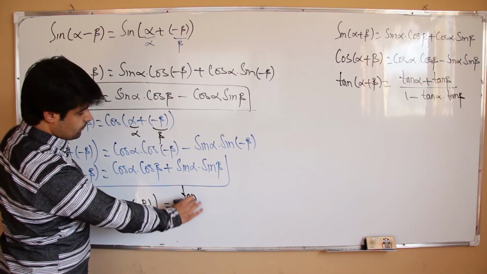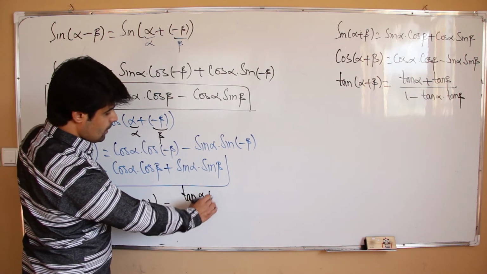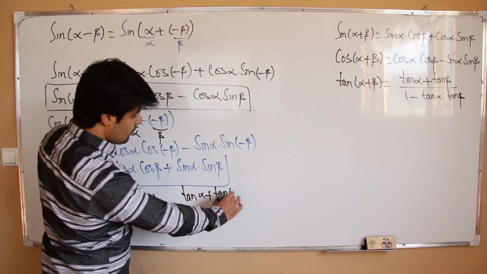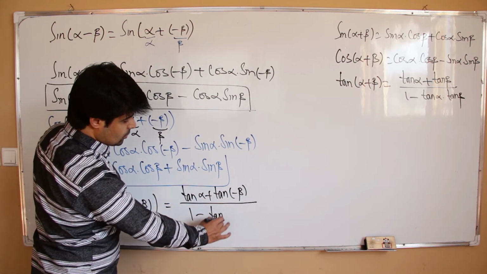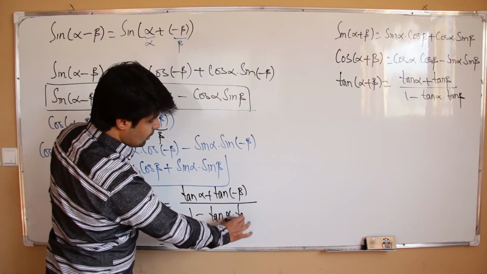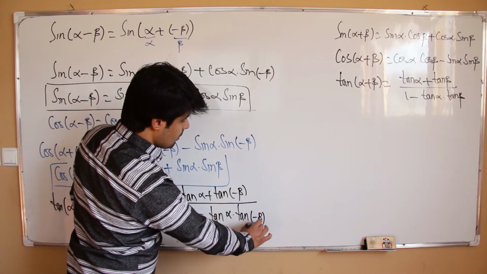So here we can write tangent of alpha, alpha is alpha, plus tangent of beta, beta is negative beta, divided by 1 minus tangent of alpha, alpha is alpha, times tangent of beta, beta is negative beta.